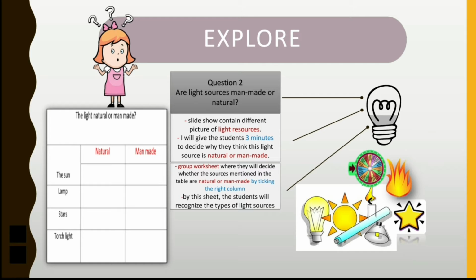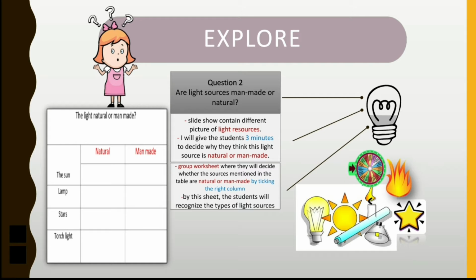And at the left side of the activity, I put 4 sources of light. The first source is the sun, the second is the lamp, the third is the stars, and the last one is the torch.